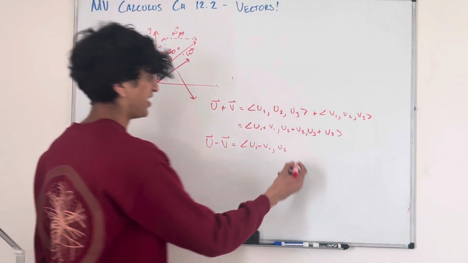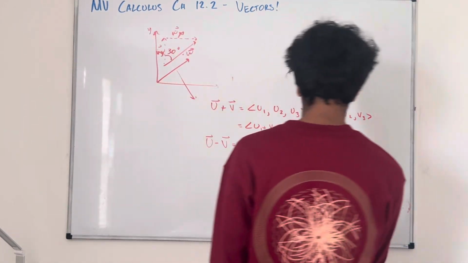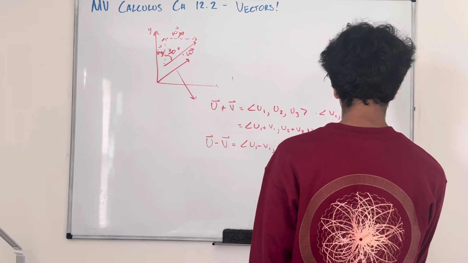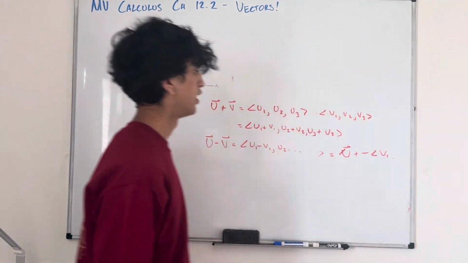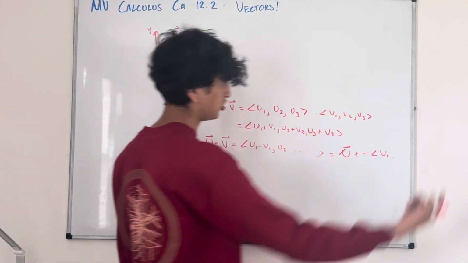Because this is really the same thing as the u vector plus negative v, and then you distribute the negative over to each component.